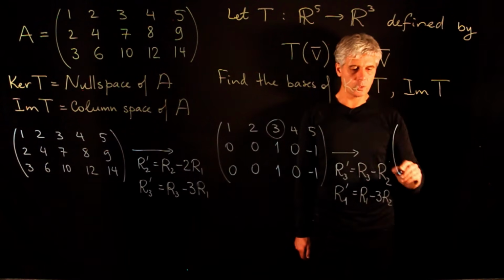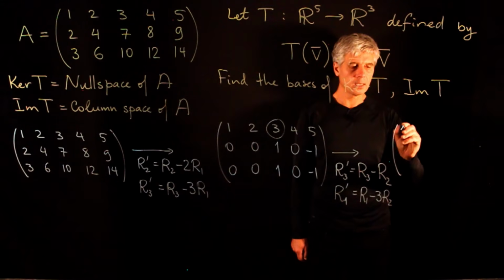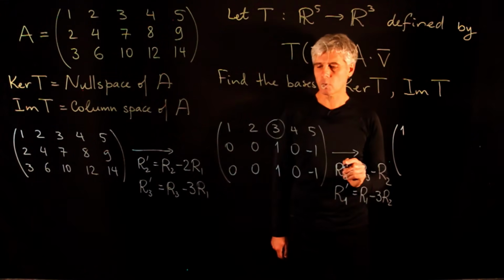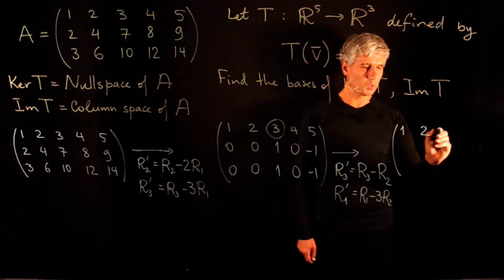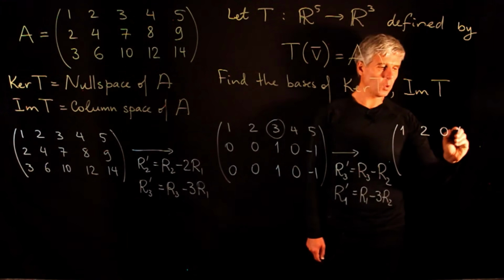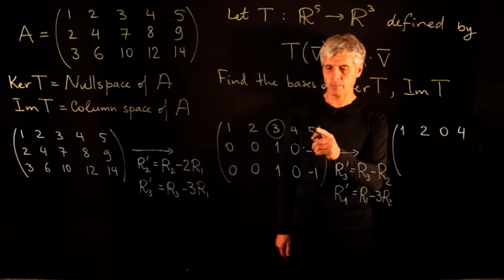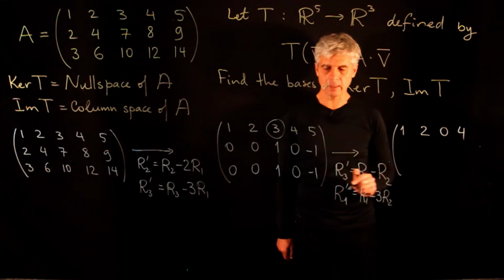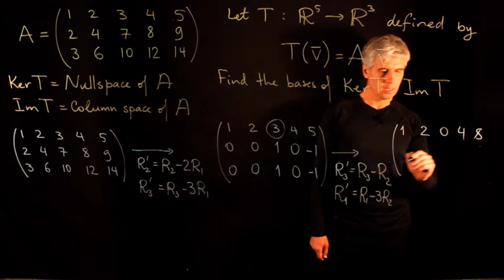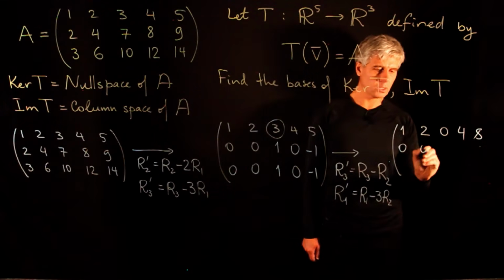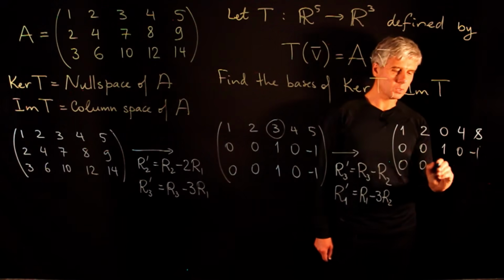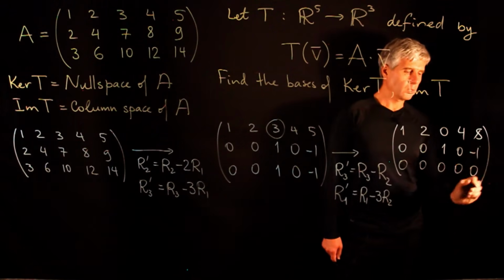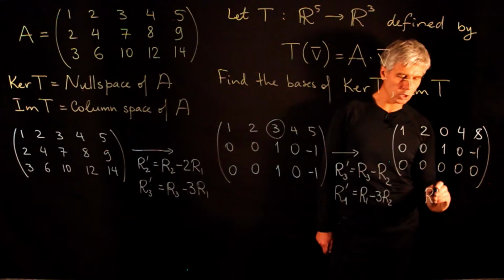And so the new matrix that we get will be in reduced row echelon form, and it will be 1, 2. So here we get 0, 4, and 5 minus negative 3, that's 8. And here we have 0, 0, 1, 0, negative 1, 0, 0, 0, 0, 0. So this is the reduced row echelon form.